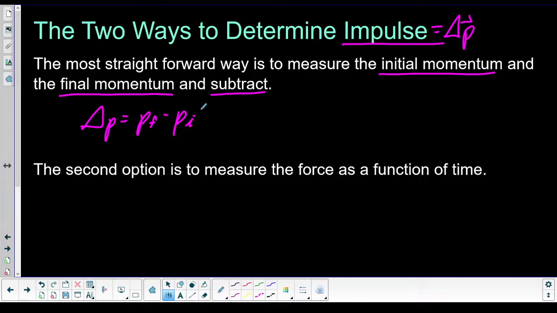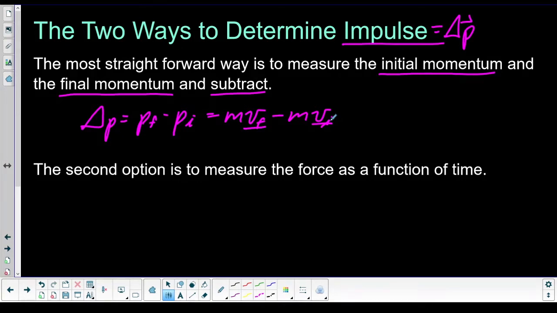Usually, and I'm not going to try and quantify most, but usually when we're looking at these changes in momentum, we're going to have mass times velocity final minus mass times velocity initial. Most of the time, when your momentum is changing, it's because of your velocity, and it's not really because of the mass.